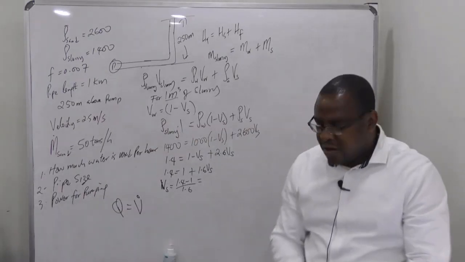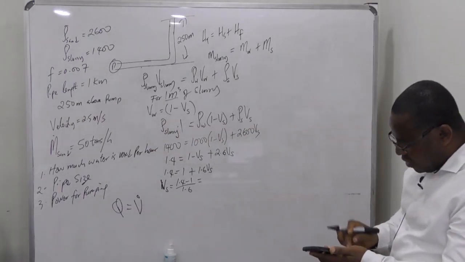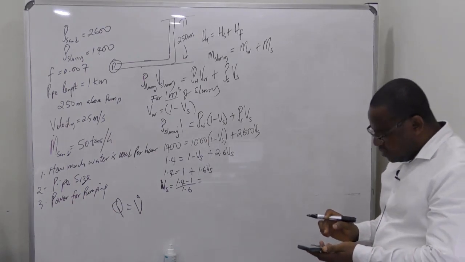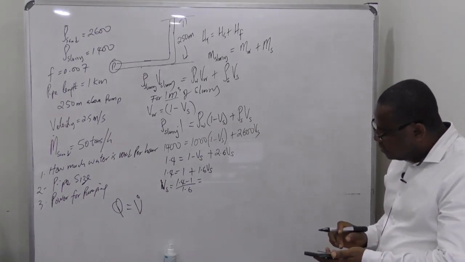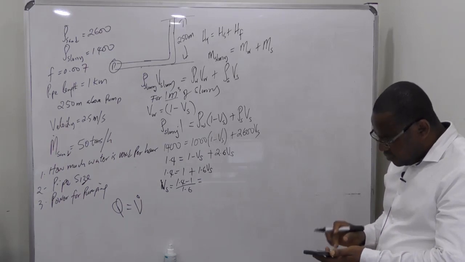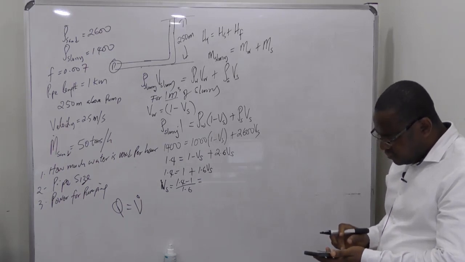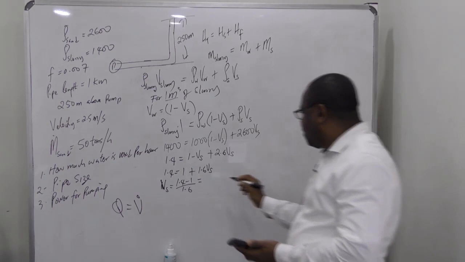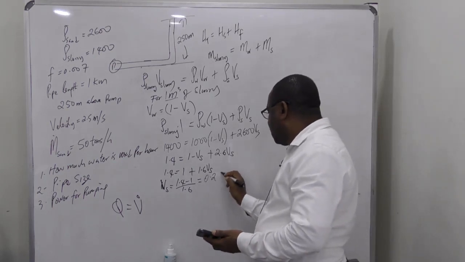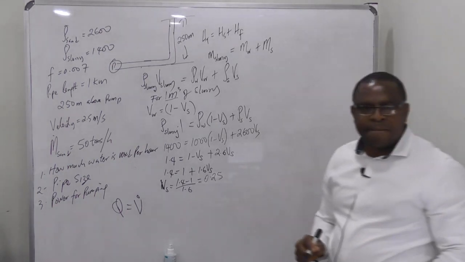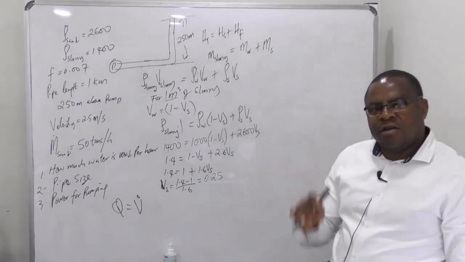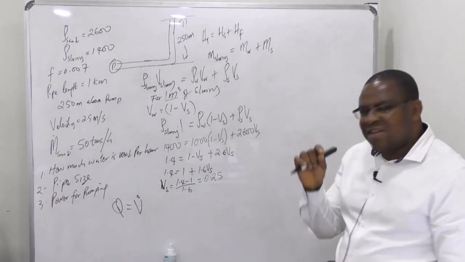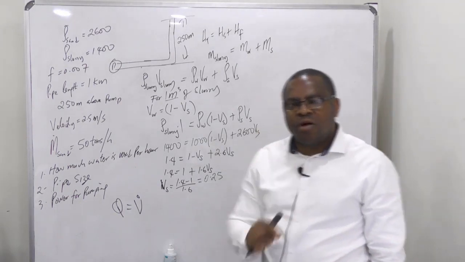So we'll get 1.4 minus 1, divided by 1.6, which is 0.25. Now, this 0.25 is the volume of sand, but per meter cube of slurry.